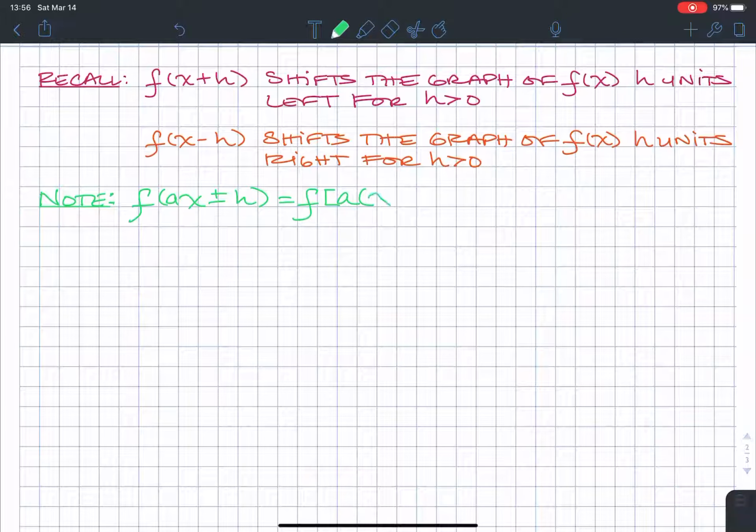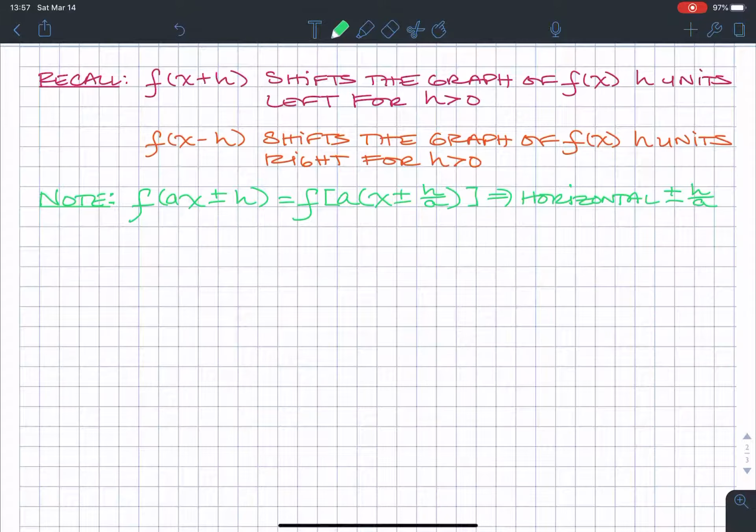So this will be a times the quantity x plus or minus h divided by a. Remember, when you factor out, you're dividing each term by what you factor out. So this implies that the horizontal translation will be plus or minus h over a.